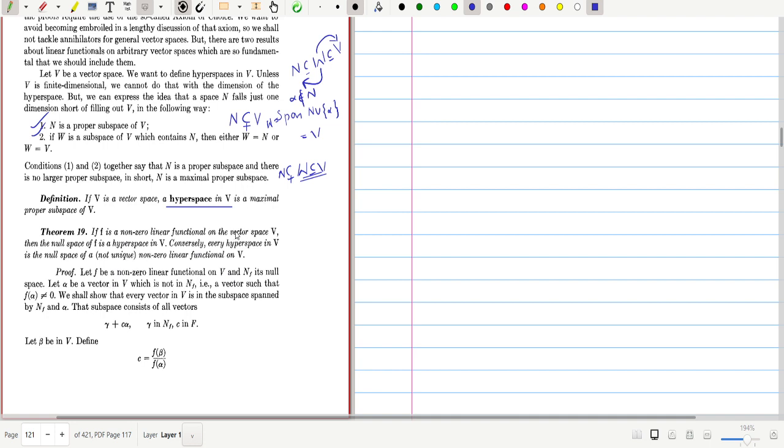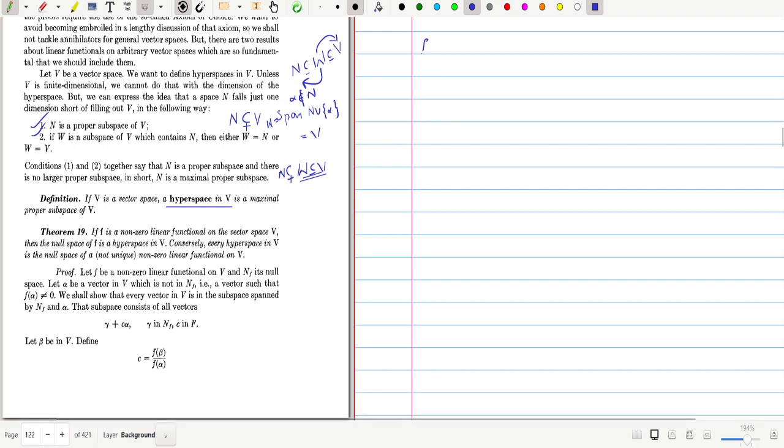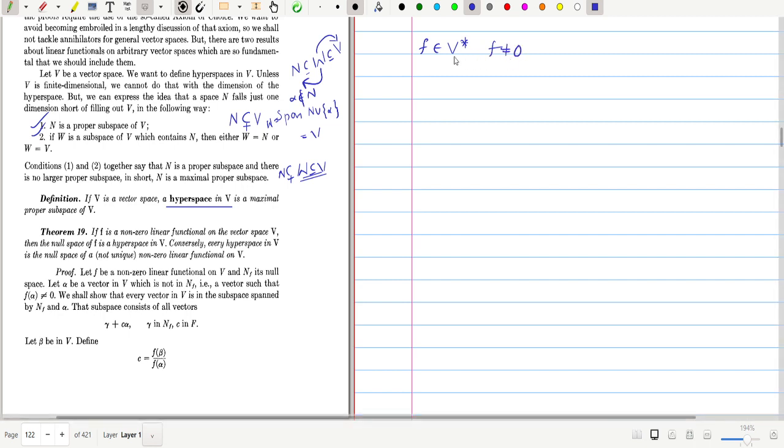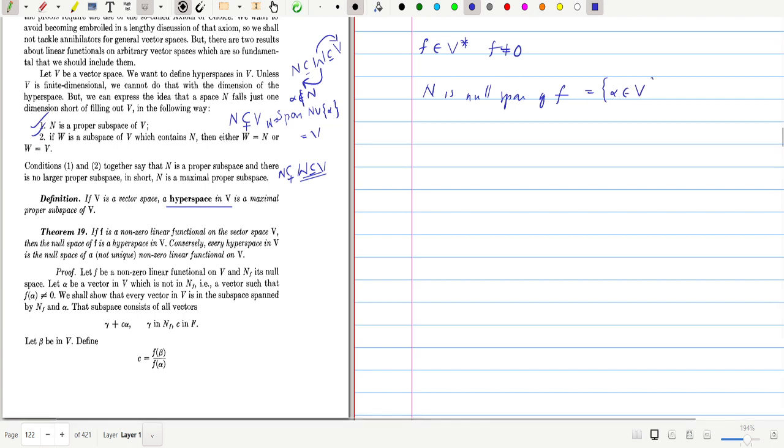Suppose we have a vector space V and f is a non-zero linear functional. So f belongs to V star and f is not equal to 0. We will prove that N, the null space of f, consists of all vectors alpha belonging to V such that f of alpha equals 0.